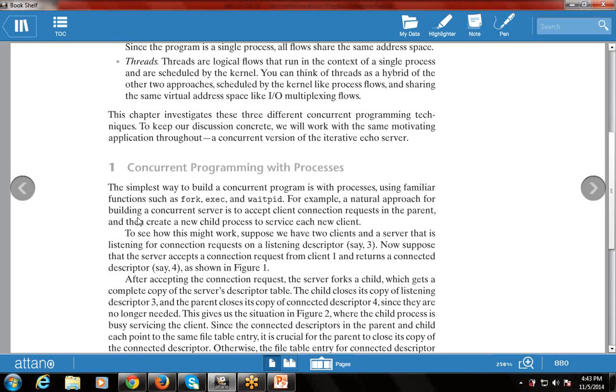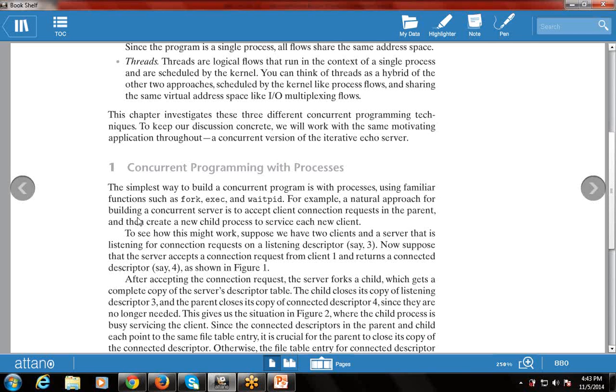That is, the simplest method to build concurrent programs in the computer is by using processes, using familiar functions such as fork, exec, and waitpid, that is, either fork, exec, or waitpid.